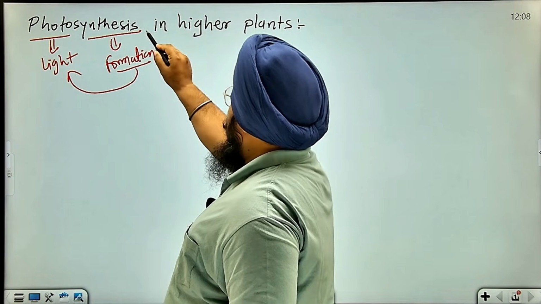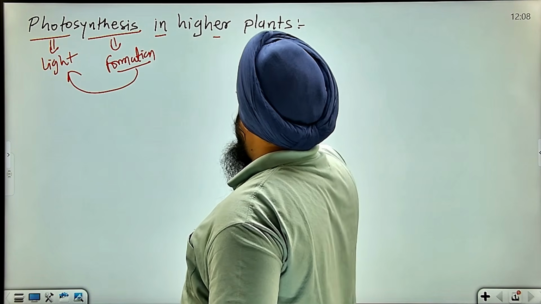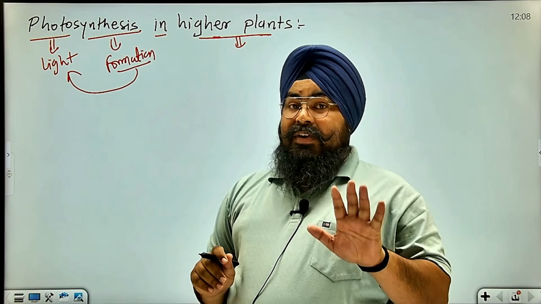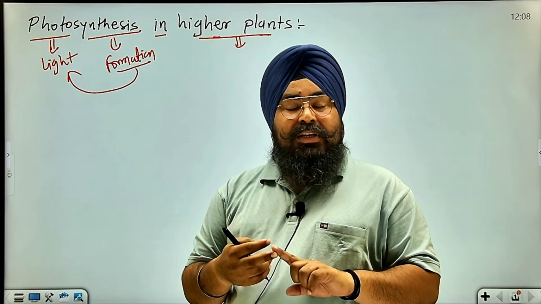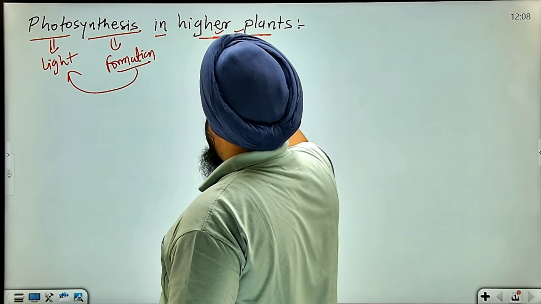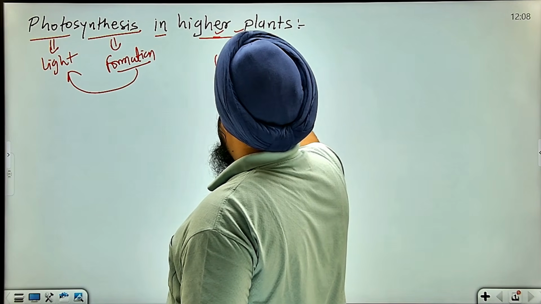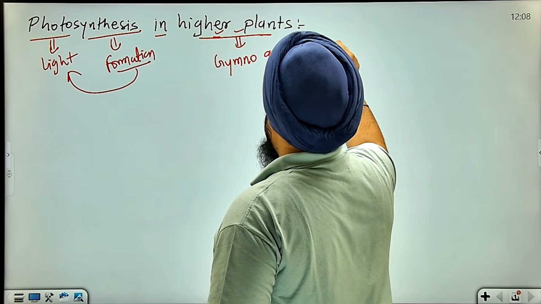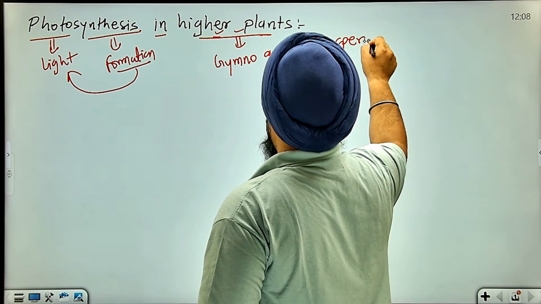Then, photosynthesis in higher plants. In the plant kingdom there are five types of plants: algae, bryophyte, pteridophyte, gymnosperm and angiosperms. But when we discuss higher plants, we discuss gymnosperms and angiosperms.